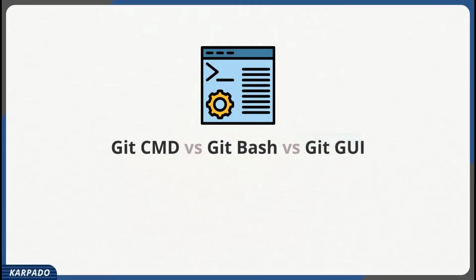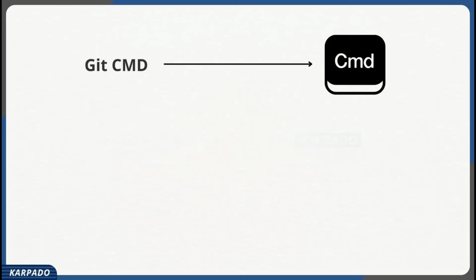There are basically three ways we can interact with Git. We can either use Git CMD or Git Bash or Git GUI, or graphical user interface. Git CMD is nothing but the Windows command processor we use to run Git commands. In fact, we had already taken a look at an example of the same in our previous lecture where we were testing the installation of Git.